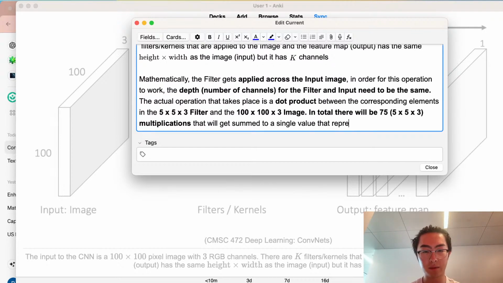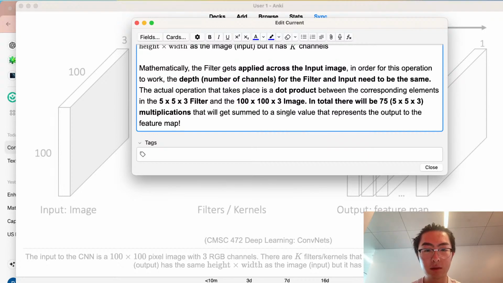That represents the output to the feature map. So to a single value, nice.